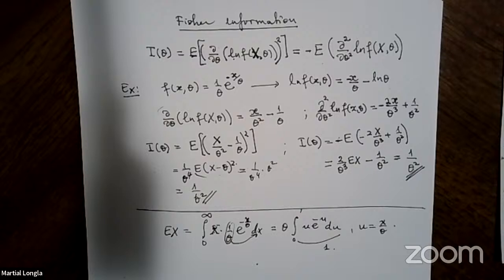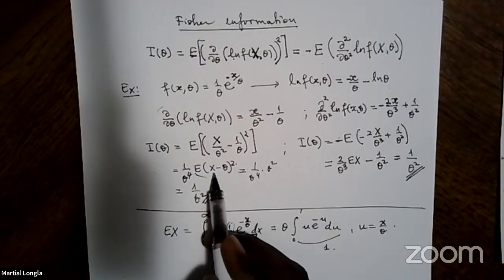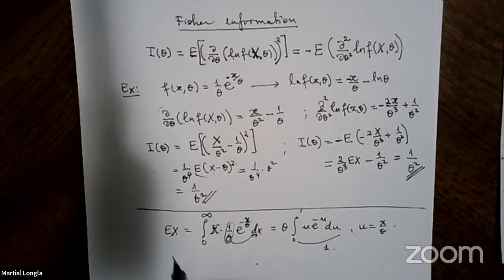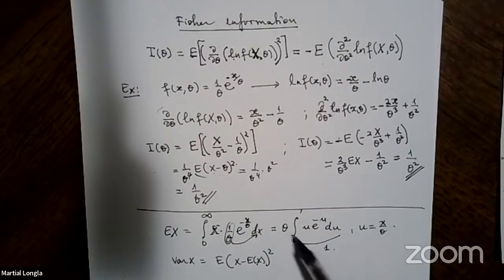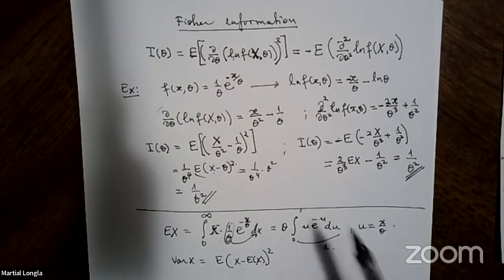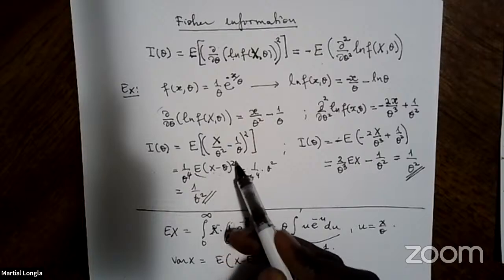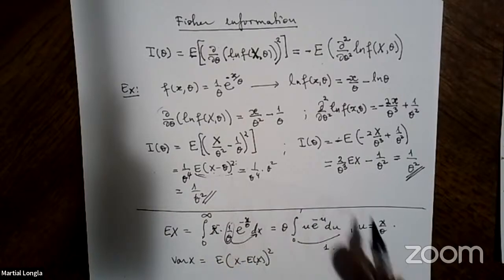And what will be the equation for variance? Well, the variance by definition is the variance of x, the expected value of (x minus the expected value of x) squared. But we got the expected value of x is theta. So (x minus theta) squared. So this is really the variance, right?